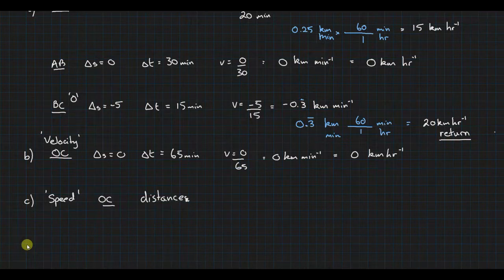So the distance travelled is the distance from OA, irrespective of direction, plus the distance AB, irrespective of direction, and BC, irrespective of direction. Now, chapter 3, you'll see this is vector notation. This modulus means I don't care, I just want to know the size of it, I don't care which direction. So all these bars say is size, ignore direction.